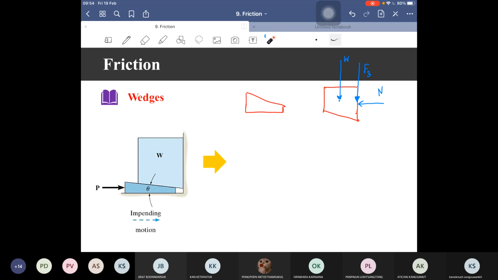Between the contact surface of the wedge and the box there is also friction. Okay, if we increase the force P, the wedge tends to move to the right-hand side. So the friction will resist that movement, acting to the left for the wedge.